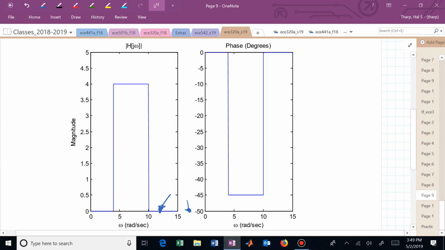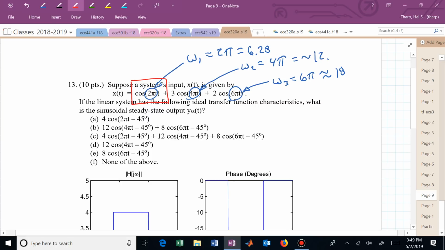It's going to be upped by a factor of 4. And what's its angle? Minus 45. So in steady state, we started with a magnitude of 1, so we increase it by 4. And hopefully that's one of our answers. 4 cosine of 2 pi t minus 45 degrees. We just go with A.